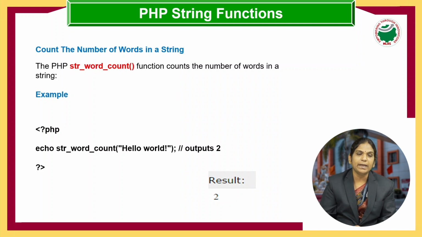So, the output will be two. Echo str_word_count gives, for the given string hello world with a space between hello and world, two different words, and the output is 2.